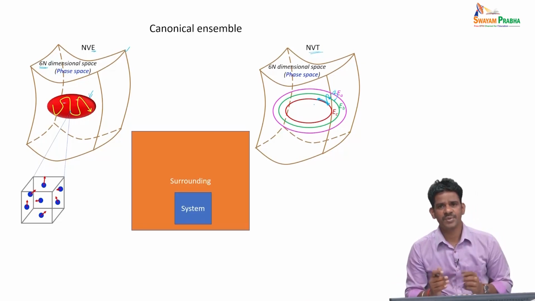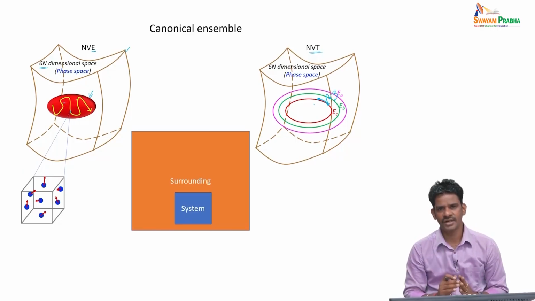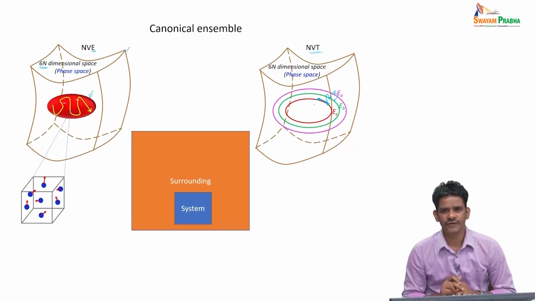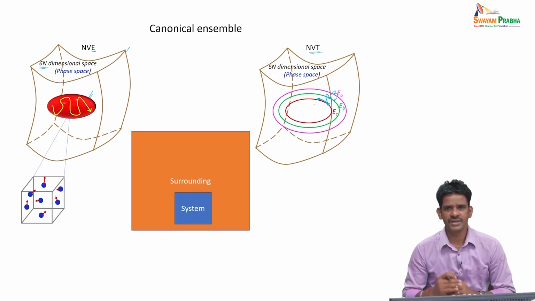So we should remember that in a microcanonical ensemble, the trajectories span the phase space where the energy is constant, whereas in constant temperature simulations, the system is allowed to transit between different energy levels and revisit across a range of energy levels.